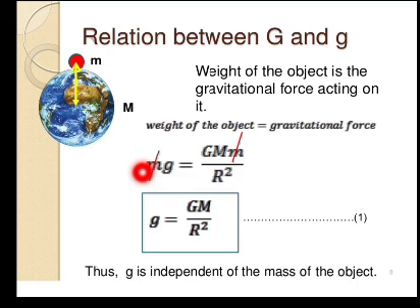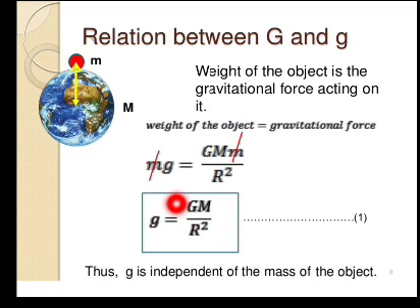This gravitational force, that means weight, and the gravitational force between Earth and object, both are the same. So we can write them as shown in this equation. Then by cancelling small m on LHS and RHS, we get the value of gravitational acceleration as g equal to GM upon r square.